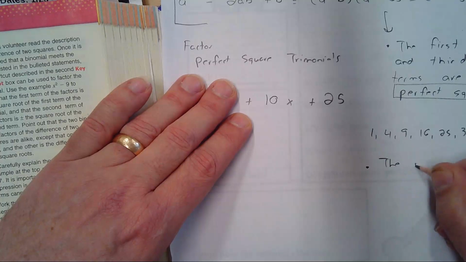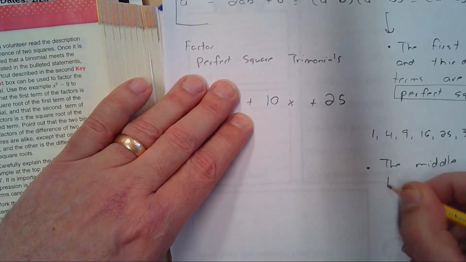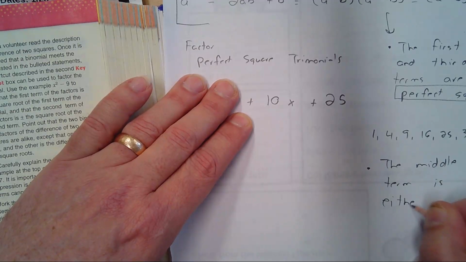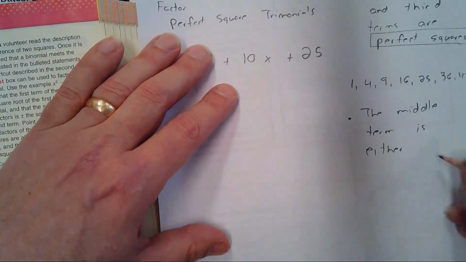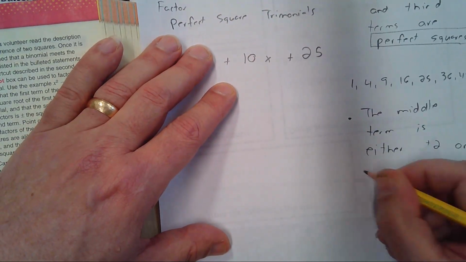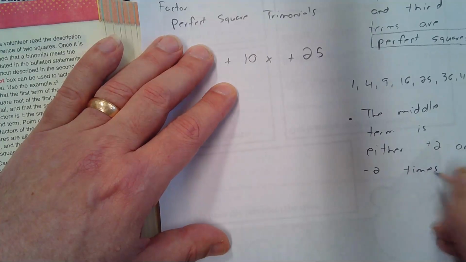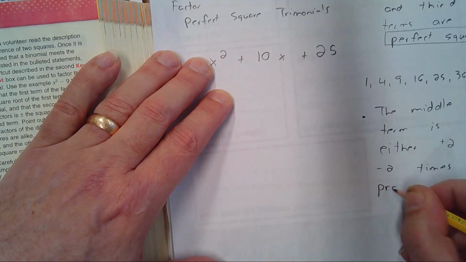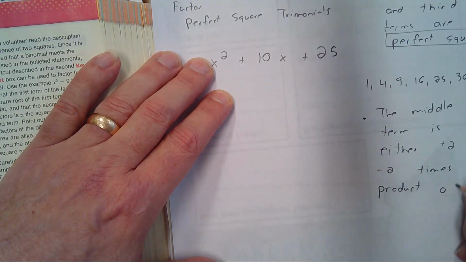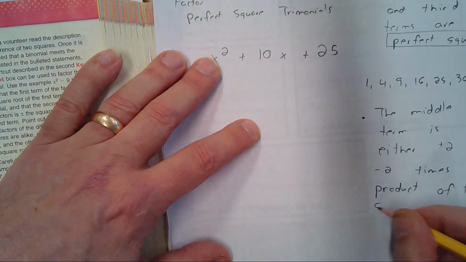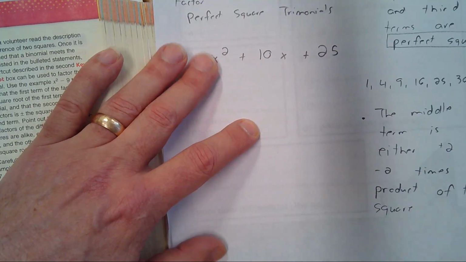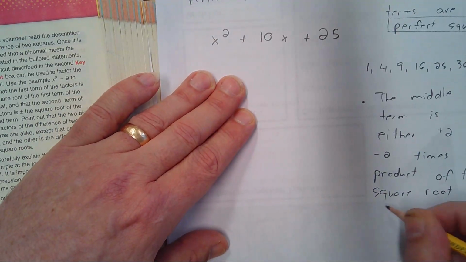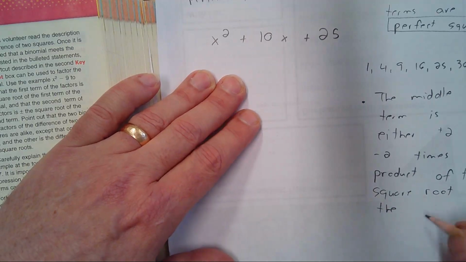The middle term is either positive 2 or negative 2 times the product of the square root of the first term and the third term.